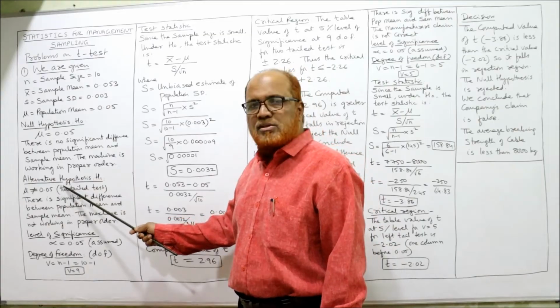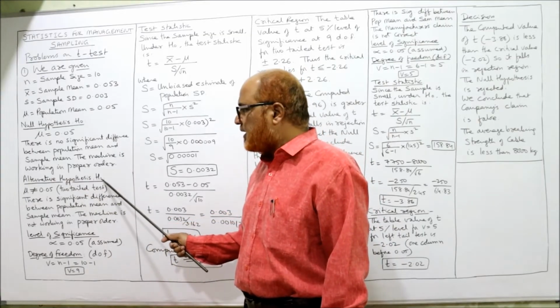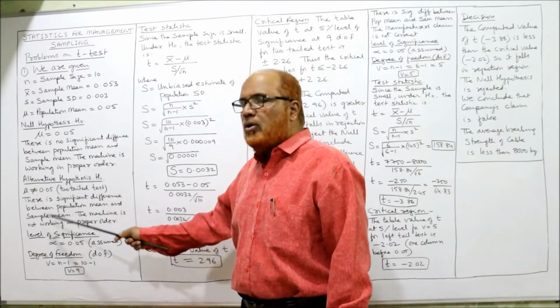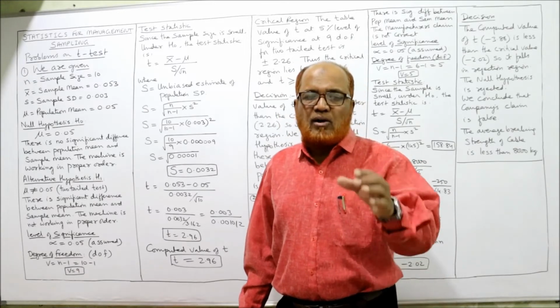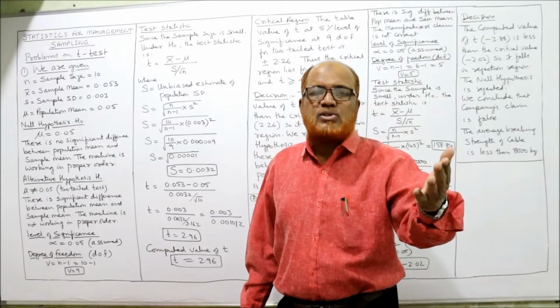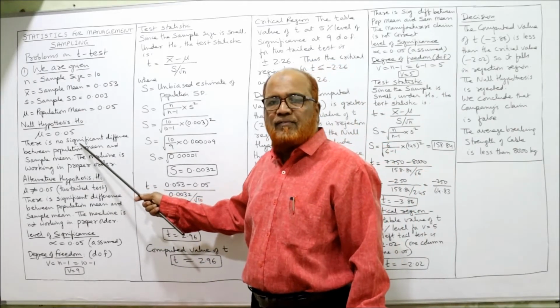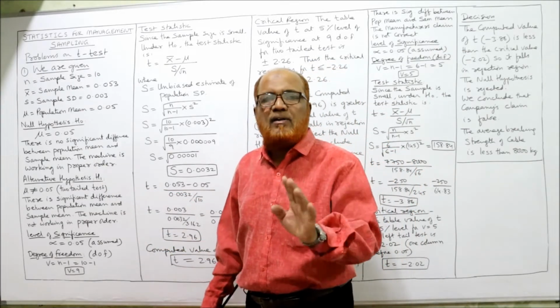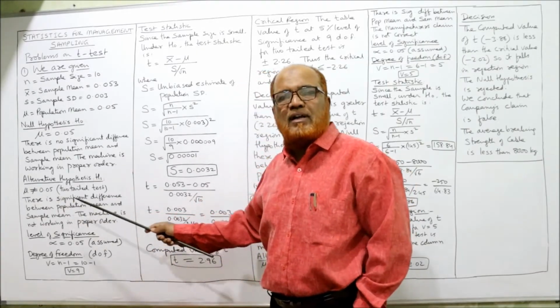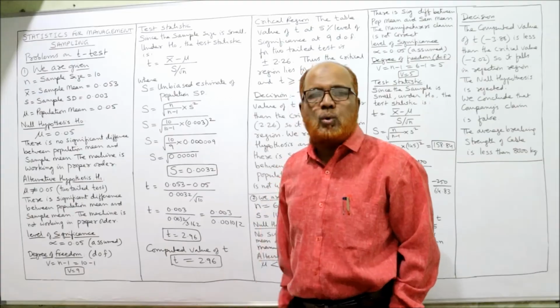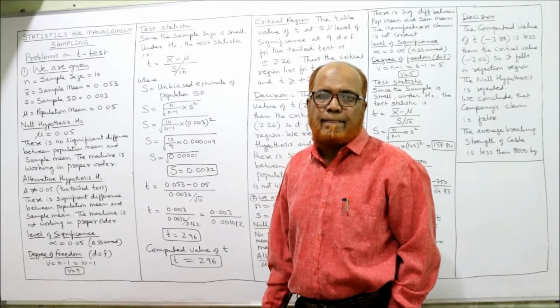Now alternative hypothesis, denoted by H1. Mu not equal to 0.05. It is opposite. In alternative hypothesis, we will take the opposite. Here, no significant difference; here, we will take significant difference. Mu not equal to 0.05. When it is not equal to, it is a two-tailed test.